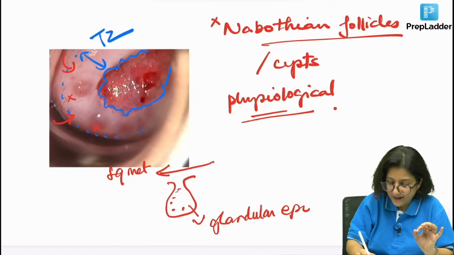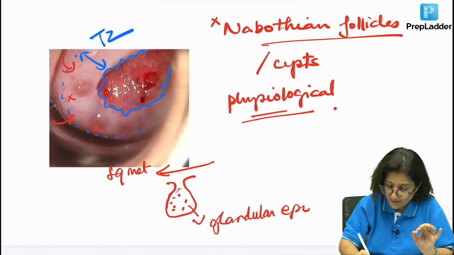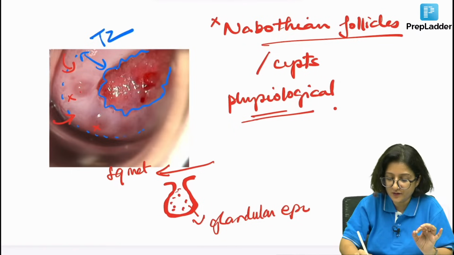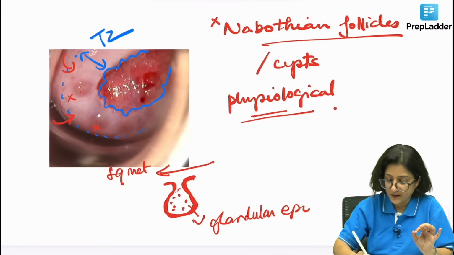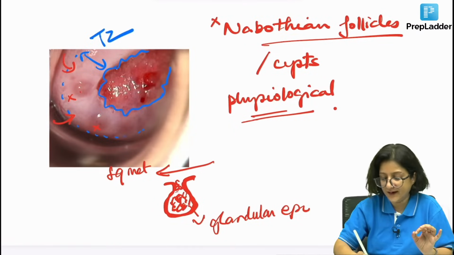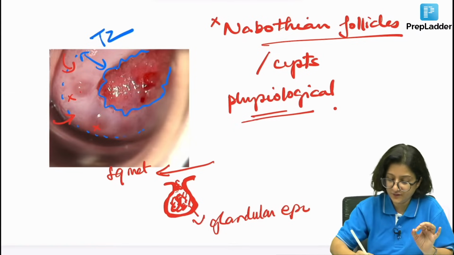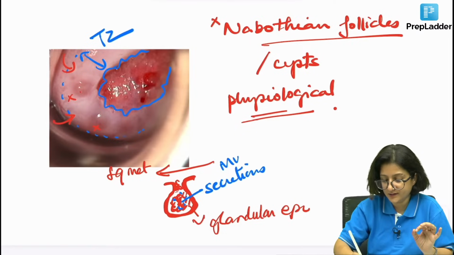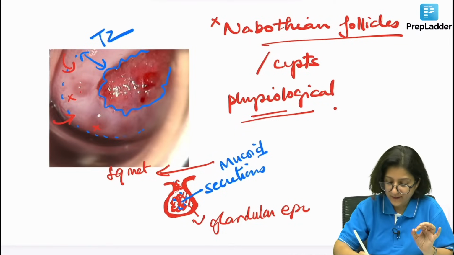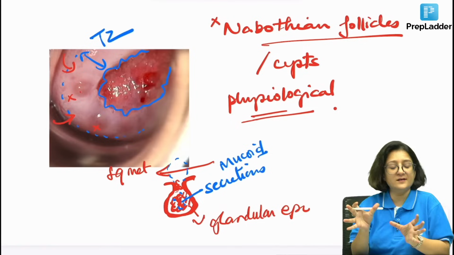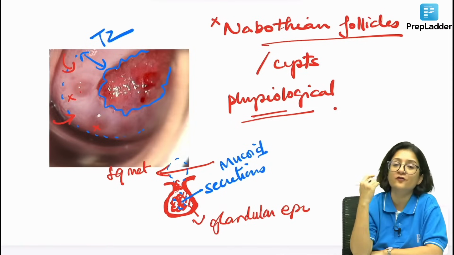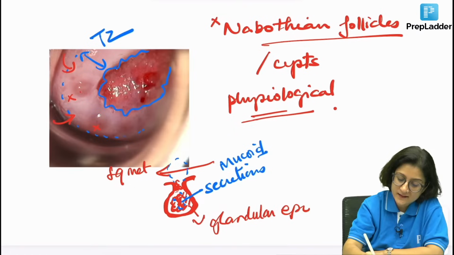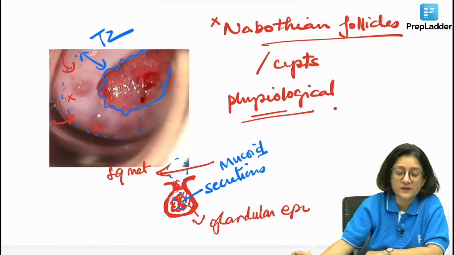So sometimes there can be metaplasia in the crypts of the gland. In the crypts of the gland, metaplasia does not happen, so it gets filled with glandular mucoid secretions. Then it appears on the external surface as Nabothian follicles, right? So that is the genesis of the Nabothian follicles.